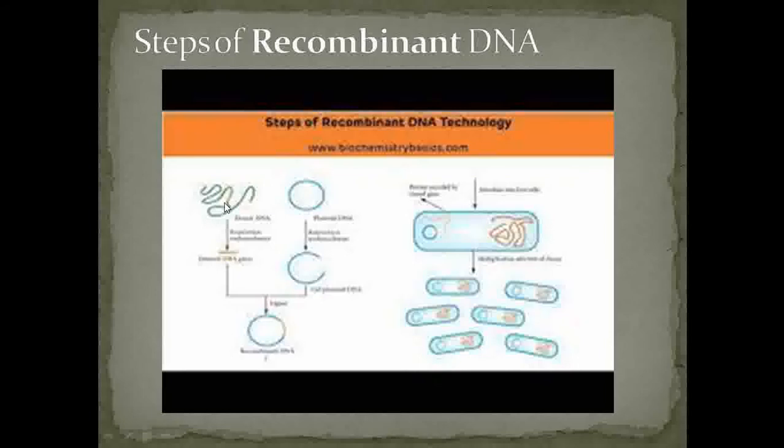For that we require an enzyme to cut that large DNA fragment into smaller fragments. In a similar way we have to select the vector also, and that vector we have to cut. Until the vector is cut we are not able to transfer the gene of interest into the vector. That's why the cutting of the vector is also important.